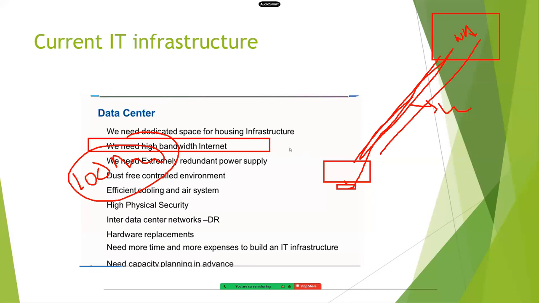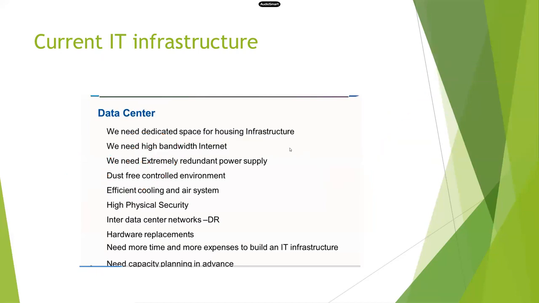To access data, server, storage, network and all, we need high bandwidth internet. So they will maintain internet speed like 5 gigabytes or 10 gigabytes. Clear? Next we need hardware replacement.